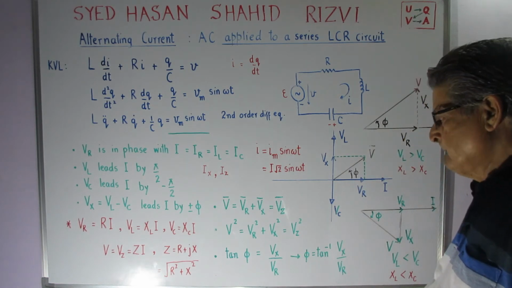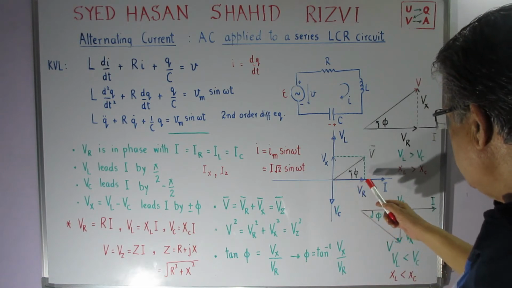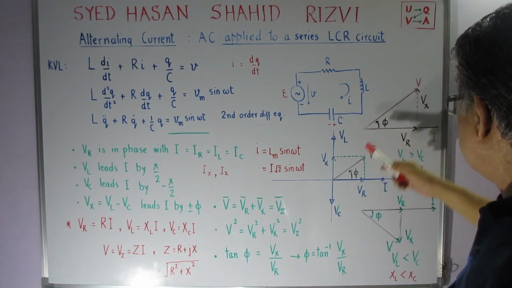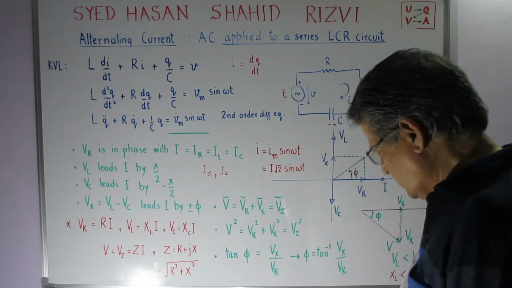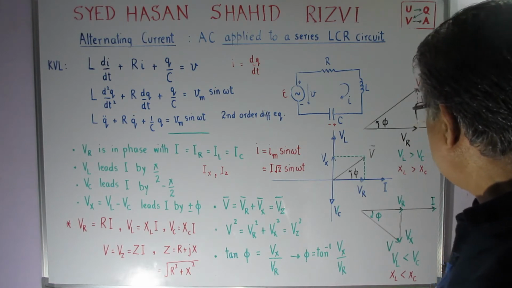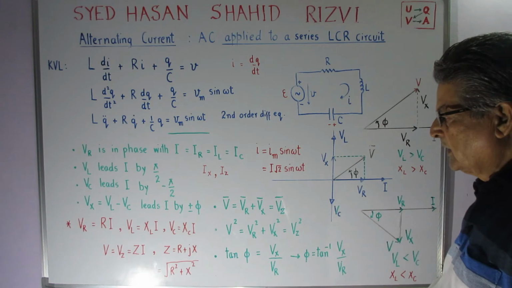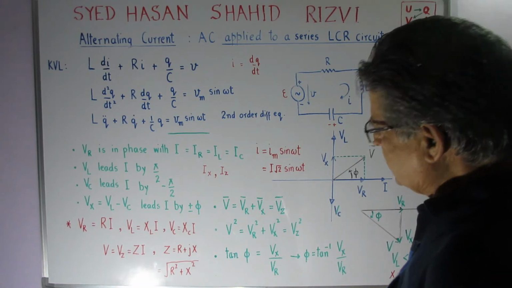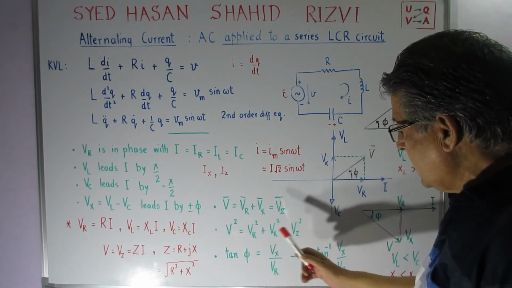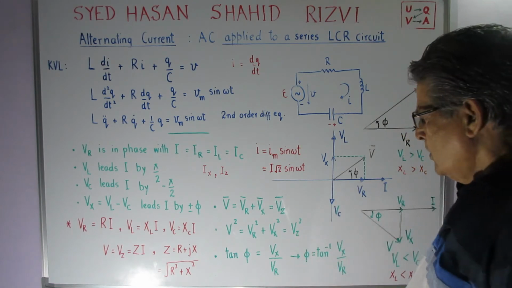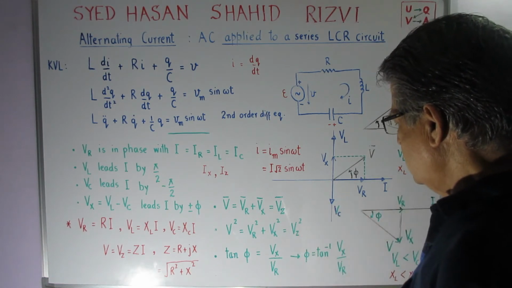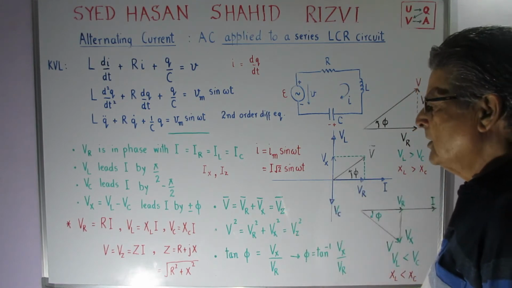Now, if I have a right angle triangle like this, this is VR, this is Vx and this is V, then by our famous hypotenuse square is equal to base square plus perpendicular square, that theorem from the Greek days, we find that V square is equal to VR square plus Vx square, and we also write this V as Vz, where Z goes for the total impedance here or here.